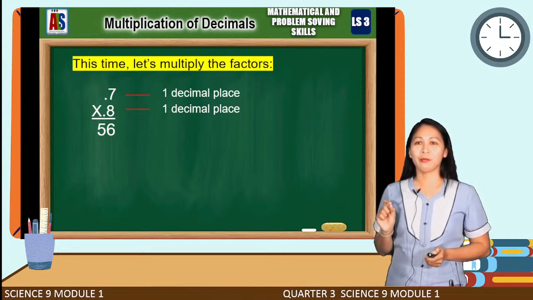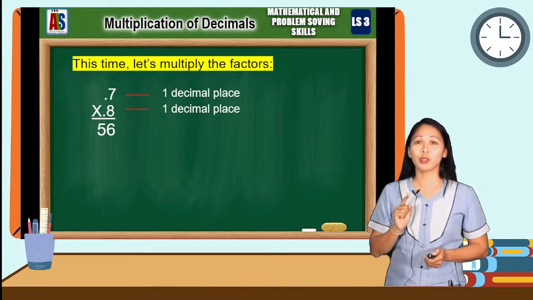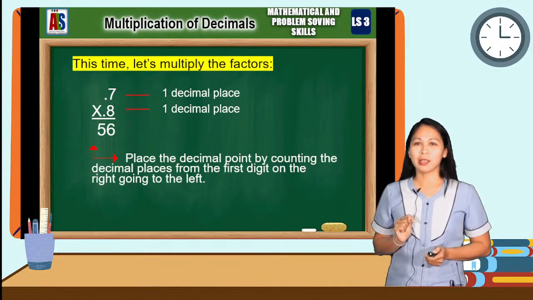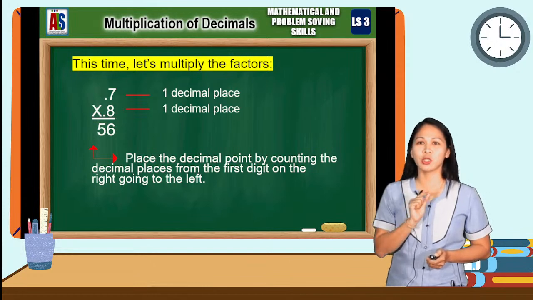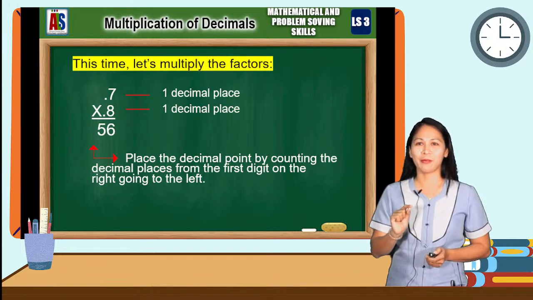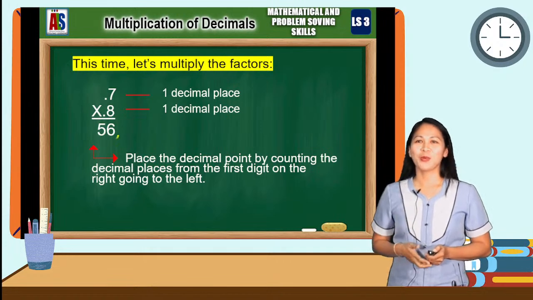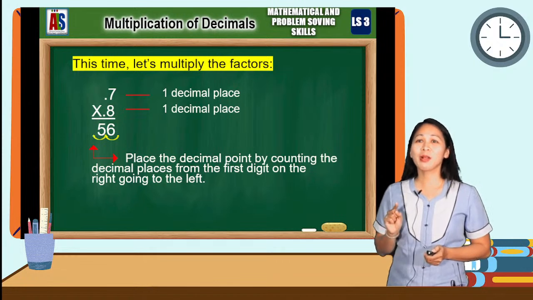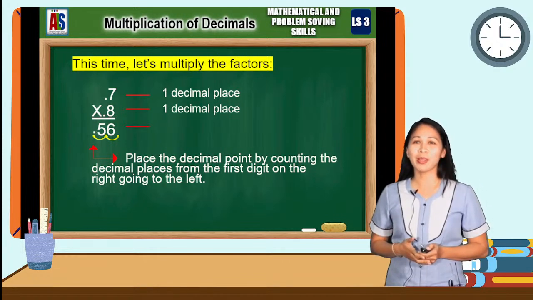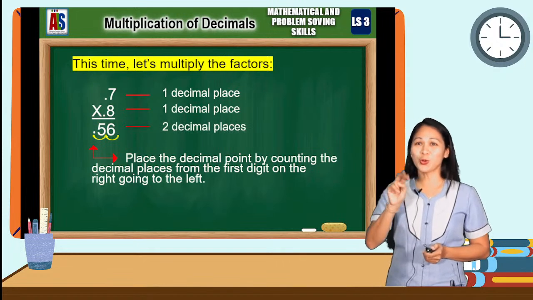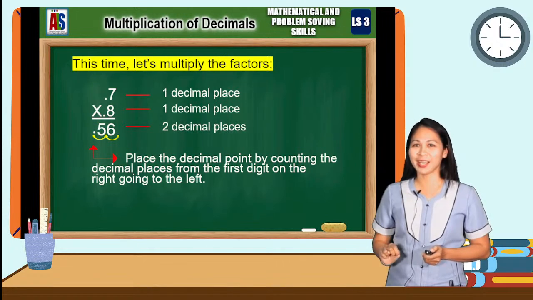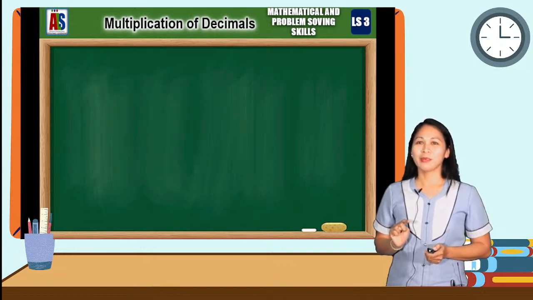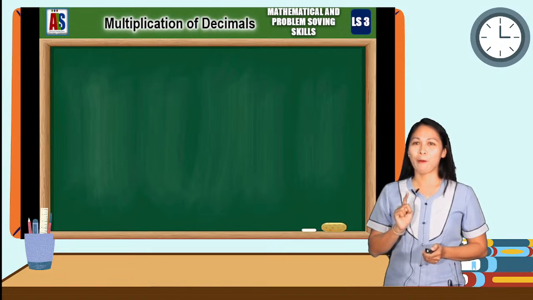After computing the final product, let's put the decimal point by counting the decimal places from the first digit on the right going to the left. Now, let's count. 1 and 2. So the decimal point is here. And the product has 2 decimal places. Did you get the correct answer? Okay, therefore, the product of 0.7 and 0.8 is 0.56.